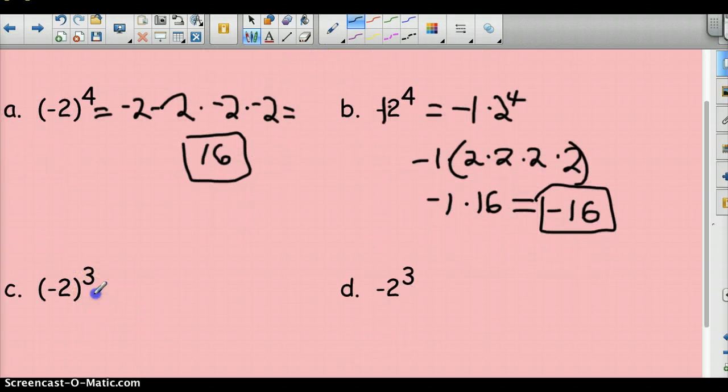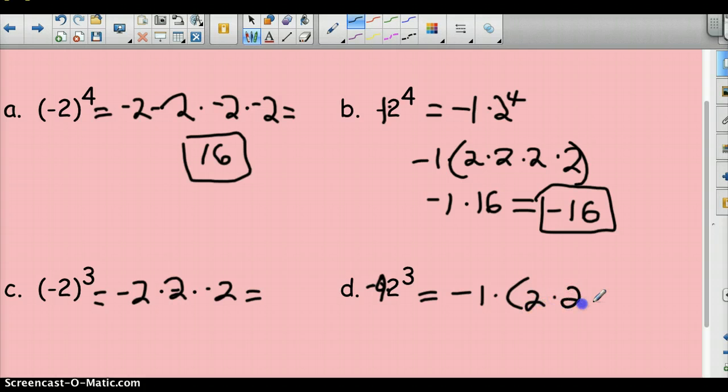All right, last two. -2 to the third power. The -2 is in the parentheses, so I will multiply it times itself 3 times. Whereas here, there are no parentheses, so it's like -1 times 2 to the third power. So we're going to do -1 times 2 multiplied by itself 3 times.